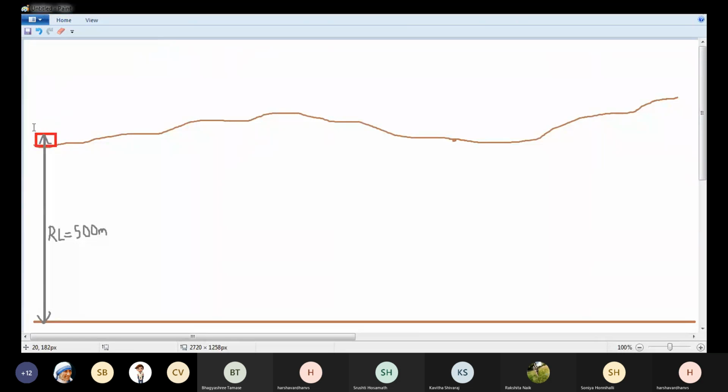So this is my benchmark of RL 500 meters.